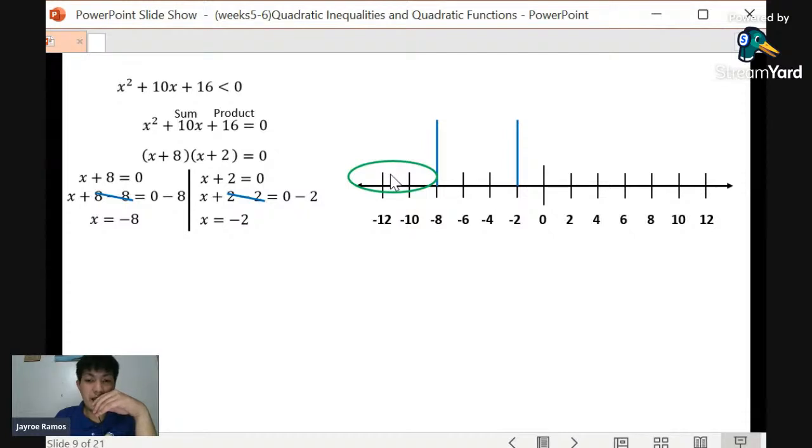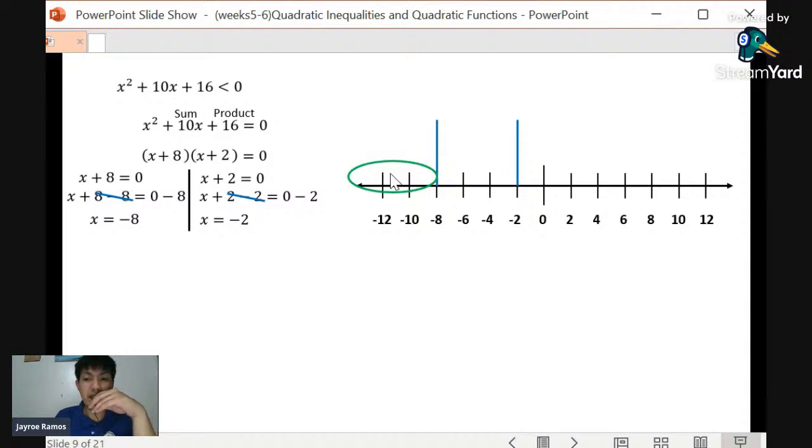Greater than 8 ba? Pag greater than 8 yan, so papuntang kanan. Tama? Eh kung mapapansin nyo, yung bilog natin ay nasa kaliwa ng negative 8. Paano po kaya yan? Towards left side. Ayun, it should be less than, okay?